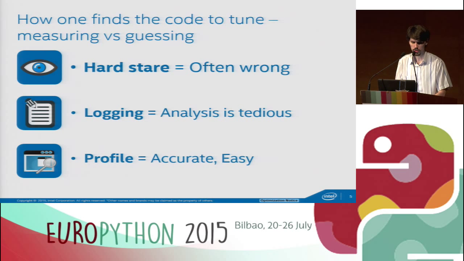Then there is a solution that I'm leaning toward, and I think I'll convince you that you should use it. It's called profiling. In computer science, profiling is just gathering a set of metrics to find out what your program does. And right now I'm concentrating on profiling CPU time.